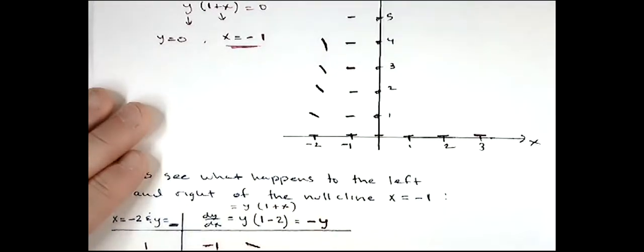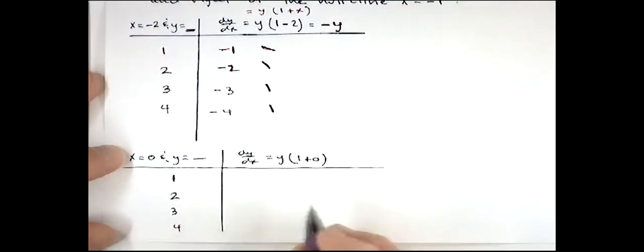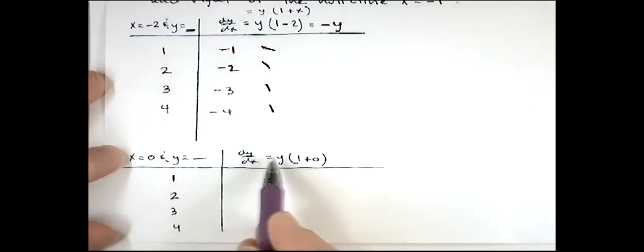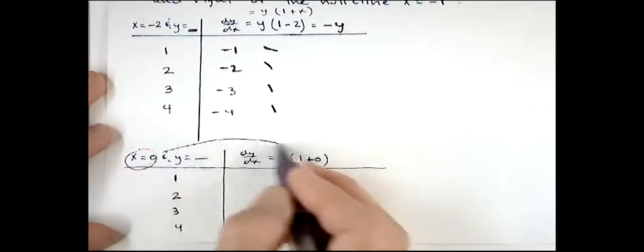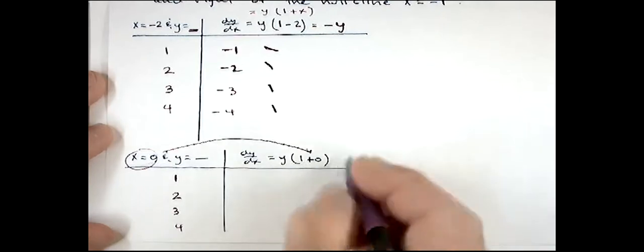So let's find out. I made a little table here. What happens when x is 0, which is along the y-axis, and y can be any number? So why don't we pick y equals 1, 2, 3, 4 as well. And notice that this time my differential equation, which is y times 1 plus x, if x is 0, that tells me dy dx is just going to equal y.